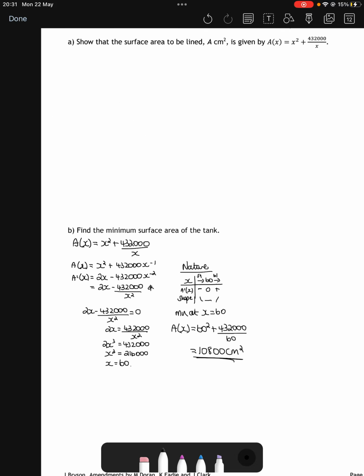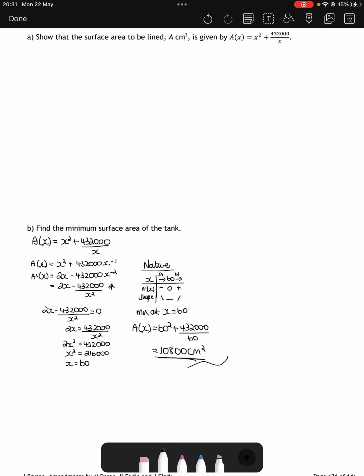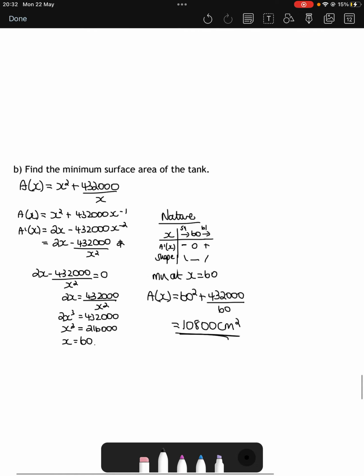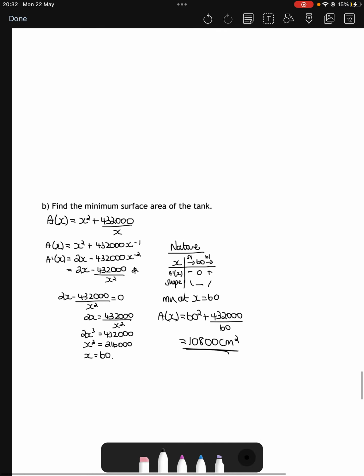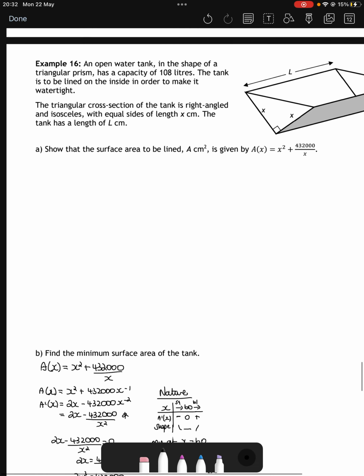Okay, so we're working in terms of area. So that is our part B. Okay, so we've got guaranteed our marks. We put it in the form where you can differentiate it, we differentiate it, set equal to 0, get your x value, get your nature, and then answer the question. Nice and easy. Right, back to part A though.